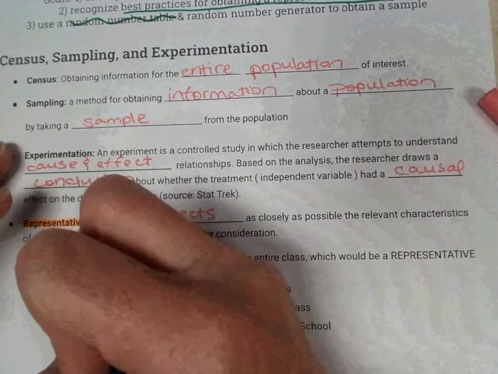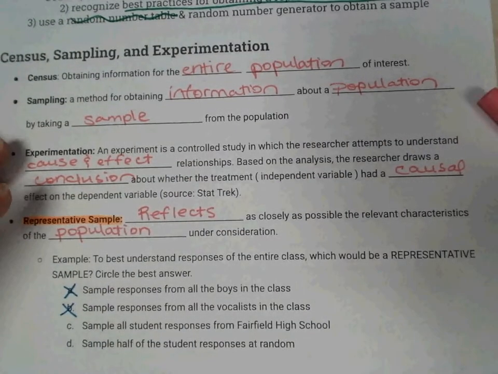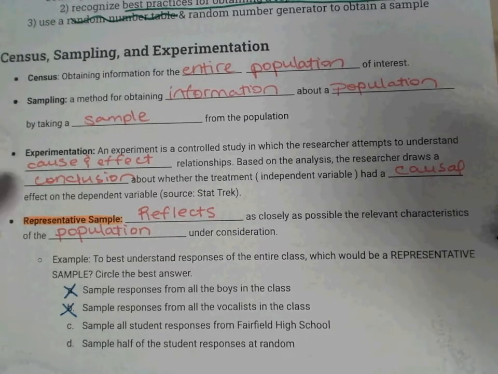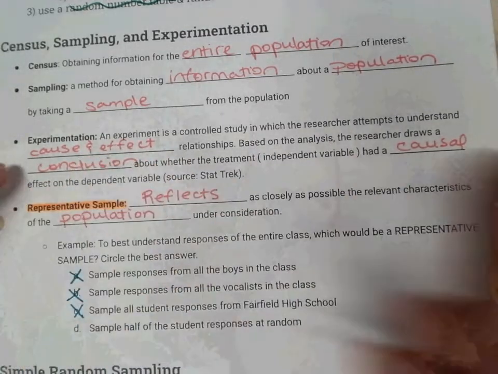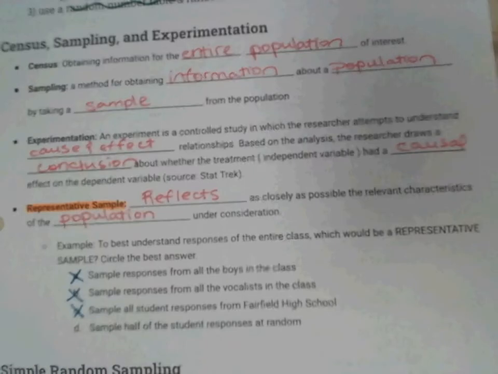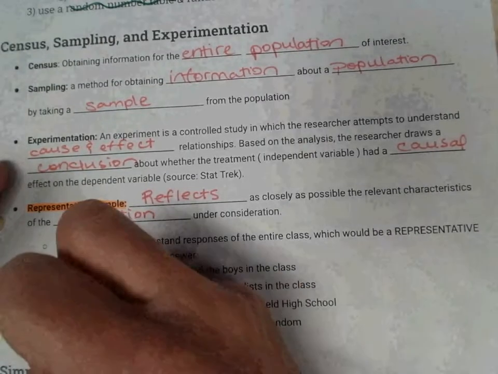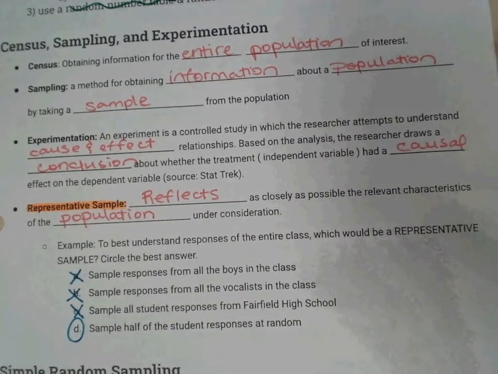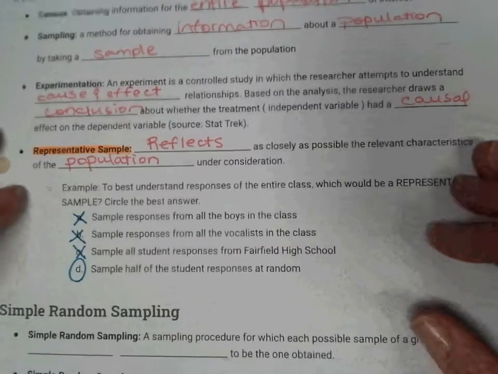Nope. Sample all student responses just from Fairfield High School? Nope. We have 12 different school districts represented in our population here at School of the Arts. What about sampling half of the student responses at random? That's the only one left, so it's got to be it. Yes. Random sampling is a way to get a representative sample.